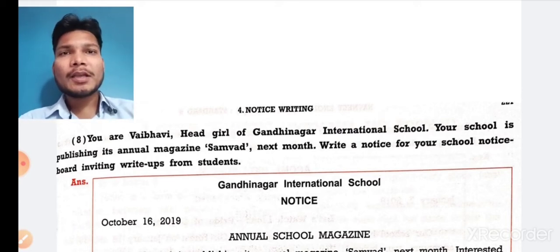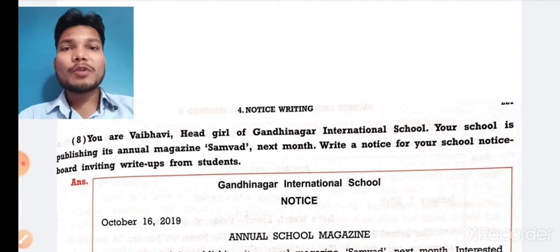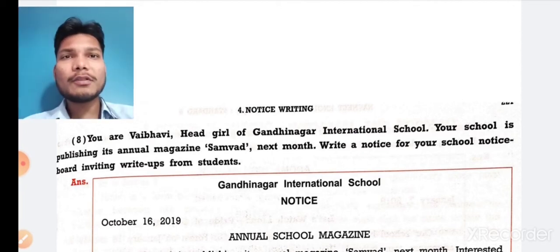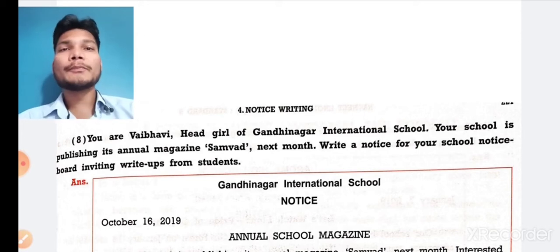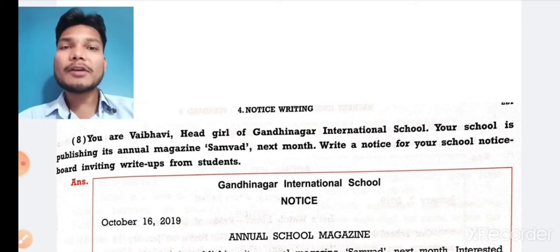So here the subject is given to you, and what is the subject? That you are the head girl or head boy of your school and you have to write a notice inviting students to write for the annual magazine of your school. Now we have already discussed the particular format for notice writing.